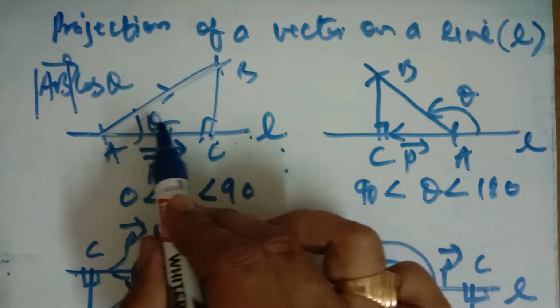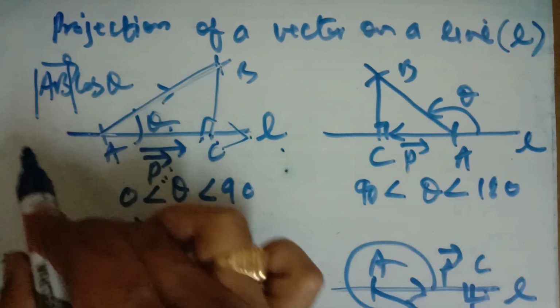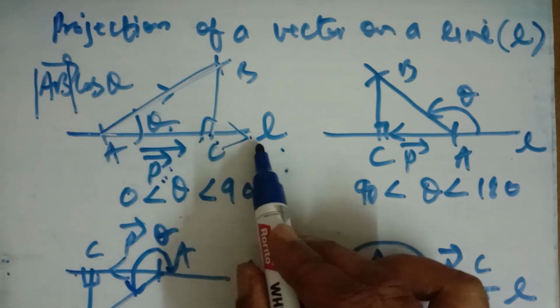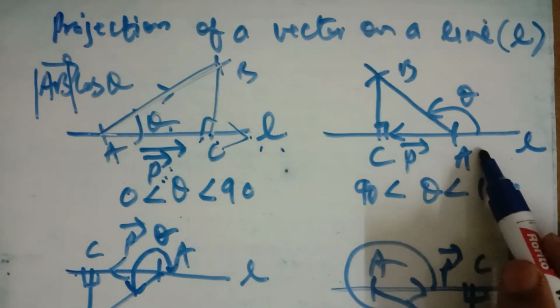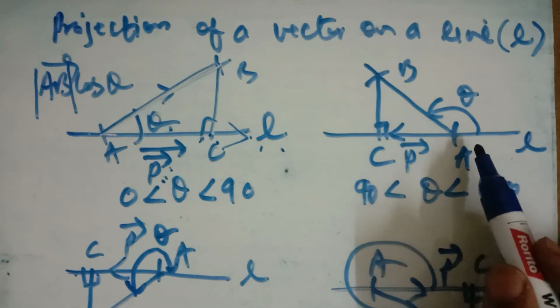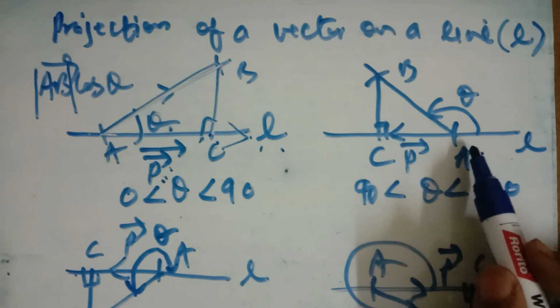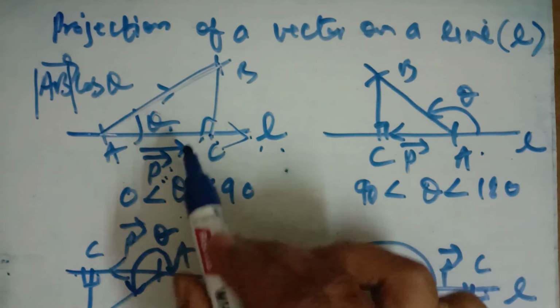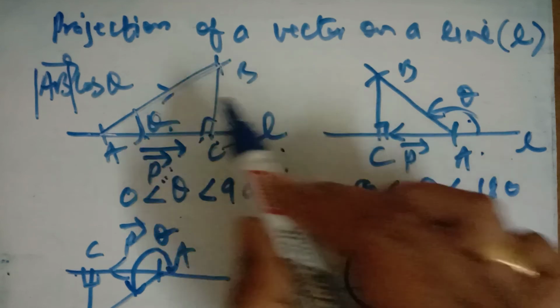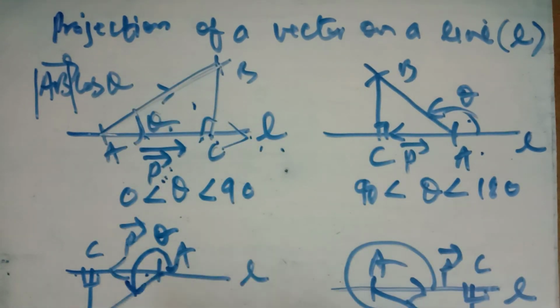to the line L, either in the direction of this or opposite to this. In this case we have the direction of L, and when the angle is more than 90 and less than 180, its direction is opposite to the line L, depending upon whether cos theta is positive or negative. In this case it is negative, it is positive, it is negative, and this is positive.